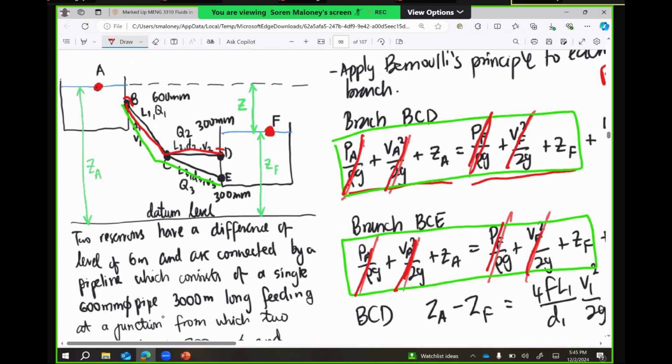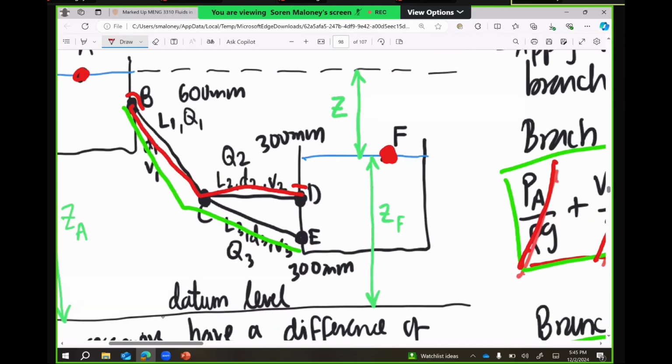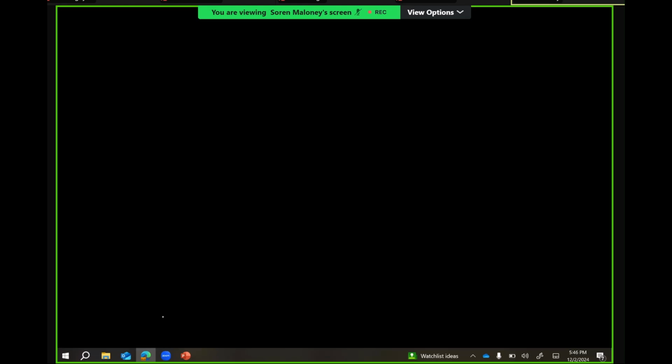Let me make this a little bigger. Now, these are in your notes, right? So you see L1 and L3, the lengths are the same. They're all I think 3,000 meters.